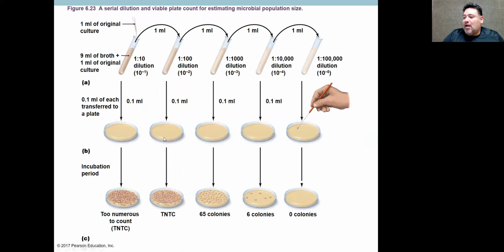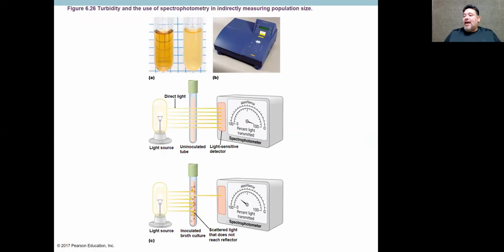Okay, let's finish here. This is a spectrometer. Here we use what's called Beer's law. And Beer's law in chemistry tells us that the absorbance, how much light is absorbed by a liquid, is proportional to the concentration of a solute in that liquid.